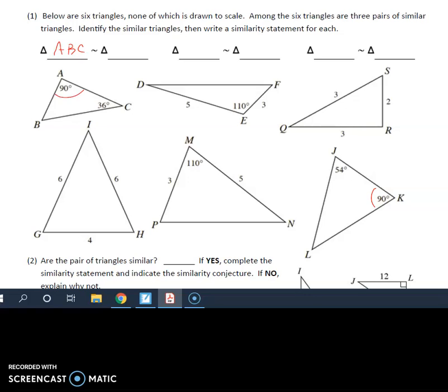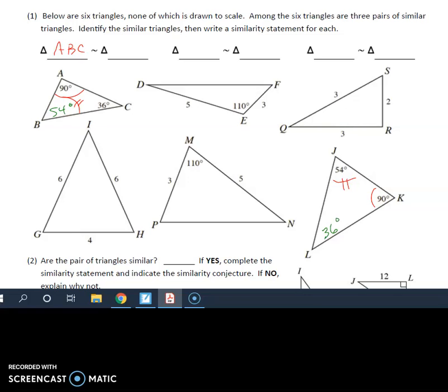It appears they don't share any other angles, but if you find the third angle, which is angle B, it's 54 degrees, and the third angle for the other triangle is 36 degrees. So even though they don't look similar, they actually are similar because they share all three angles. So we pair these together and make sure that we match up corresponding pieces.